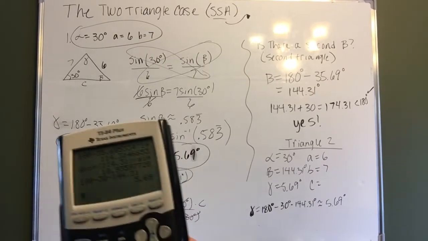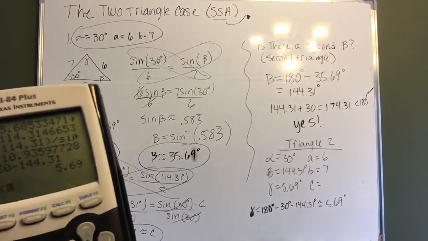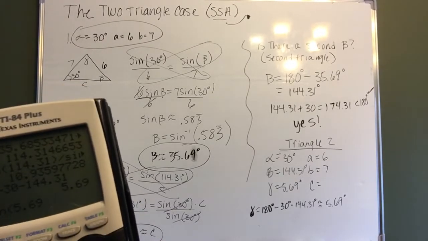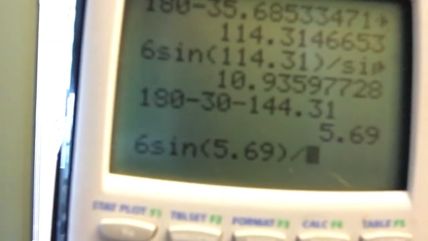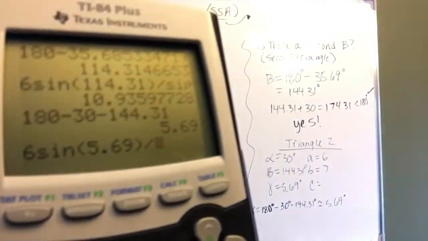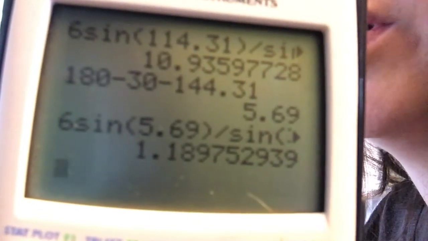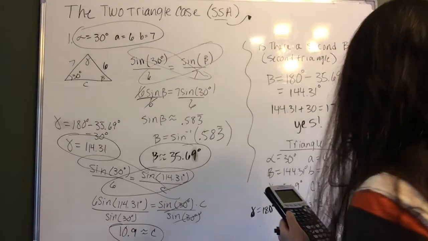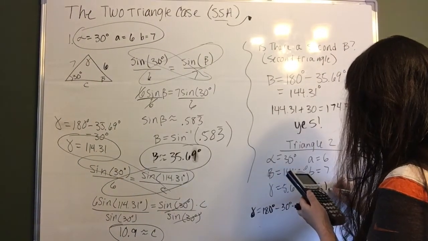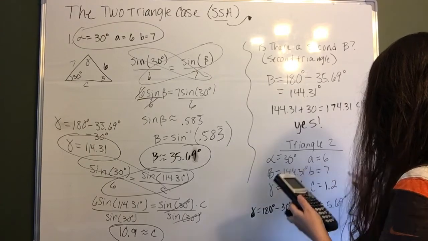So it would be 6 sine of 5.69 divided by sine of 30. And we get 1.18. Okay, so C is going to be 1.2 approximately.